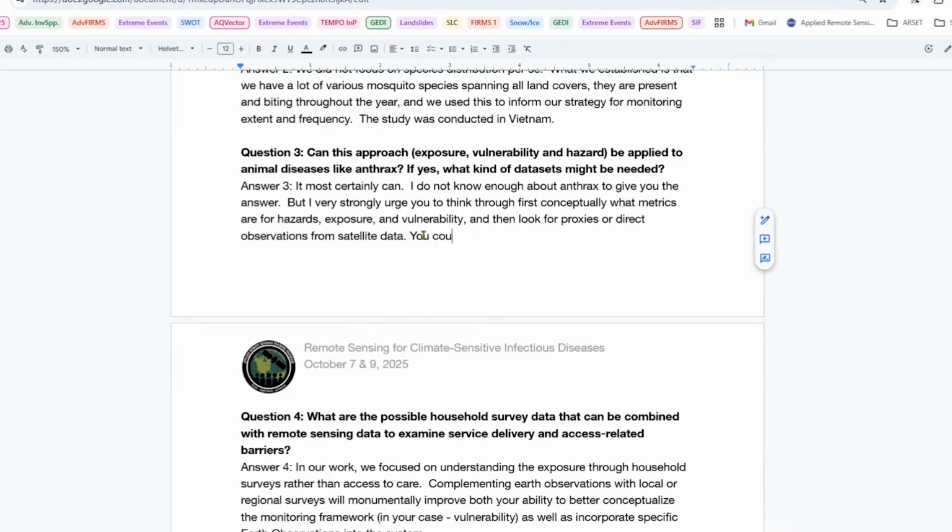Otherwise, what I have seen in the literature is that people exclusively focus on one component and completely omit both exposure and vulnerability, and therefore present a very lopsided, inaccurate, incomplete representation of risk. And that is a limitation of very many conceptual frameworks and modeling approaches. They focus too much on the vector, but vector is just one component.